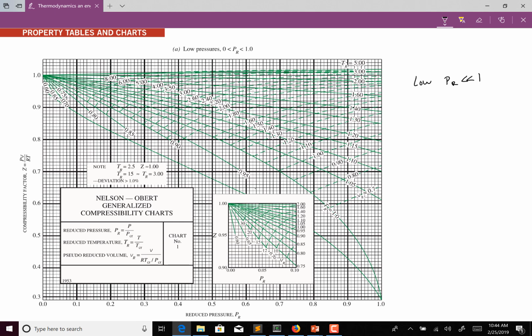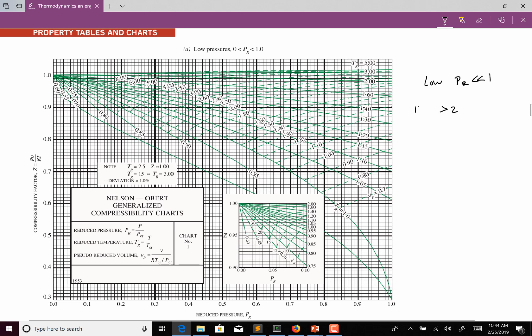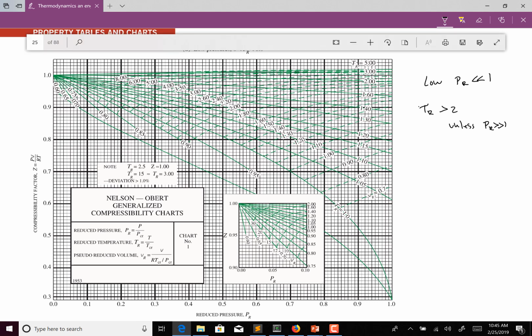And at high temperatures, say the reduced temperature is greater than 2, we can also assume ideal gas unless the reduced pressure is much greater than 1. And then the deviation from ideal gas is greatest around the critical point. So this would be where the reduced temperature is equal to 1 and the reduced pressure is equal to 1.